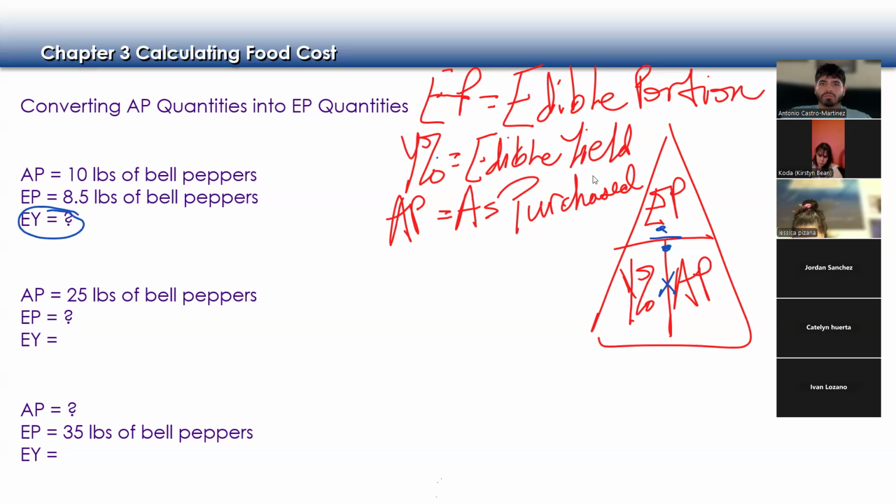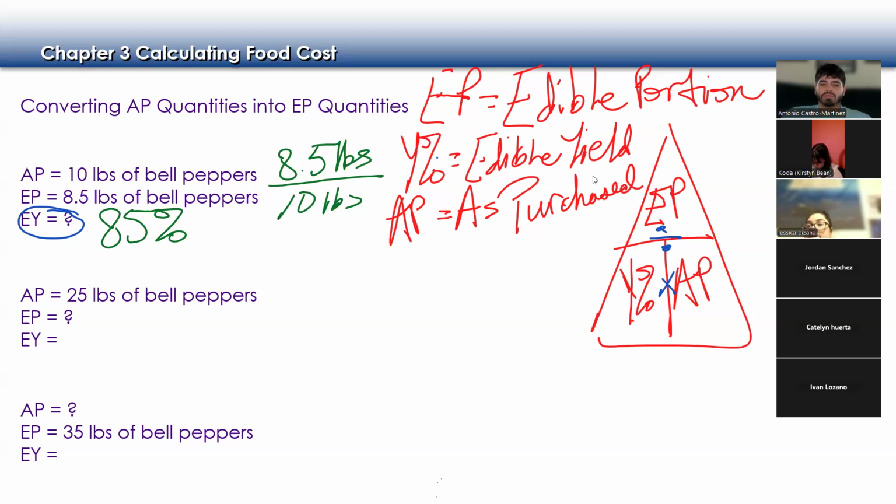Edible portion, EP divided by AP, as purchased. So we take our edible portion of 8.5 pounds, divide by the 10 pounds of bell peppers, and we get 85%. That is my edible yield.